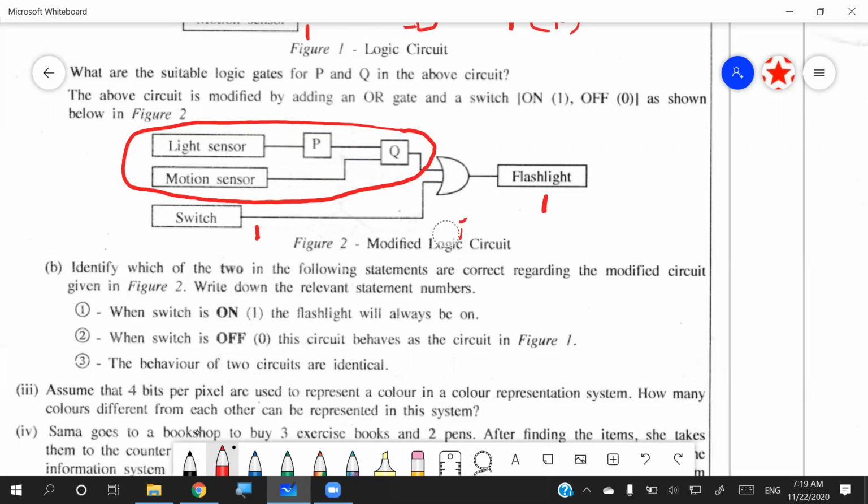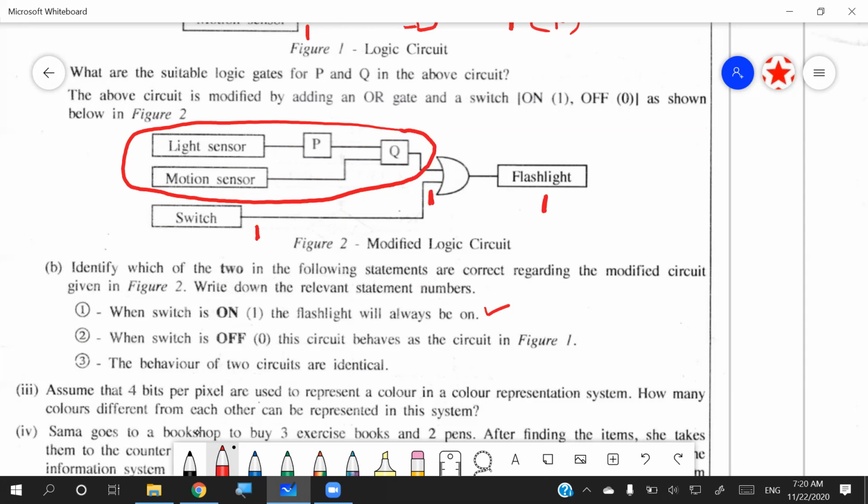So you are going to receive 1 over this particular line. So regardless of the input that you receive from the previous circuit, that means out from the Q, the flashlight is going to be on because the switch is on. So flashlight gets on. So this is correct.